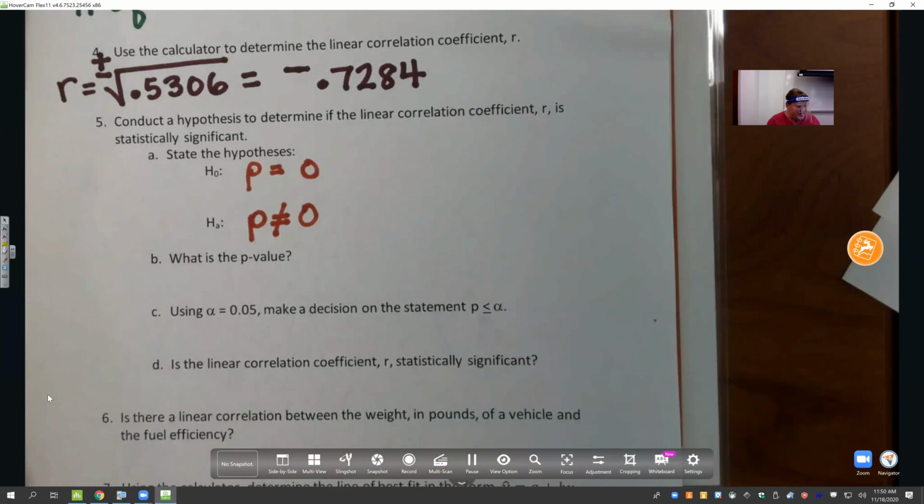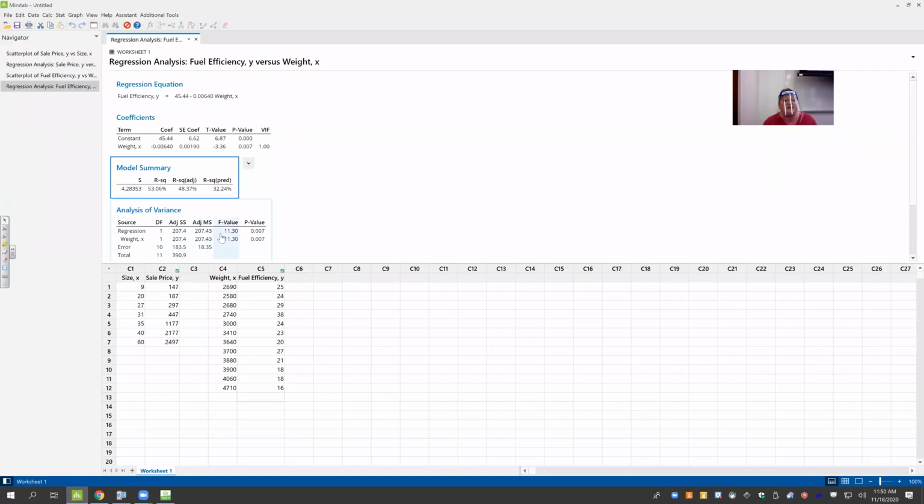If you need to write that down again next to those statements, you can do that. We go back to Minitab on the analysis of variance for regression to pick up the p-value. I actually got the same p-value again. My p-value is 0.007. That won't always be the case, but it happened to be for the two examples that I have selected.